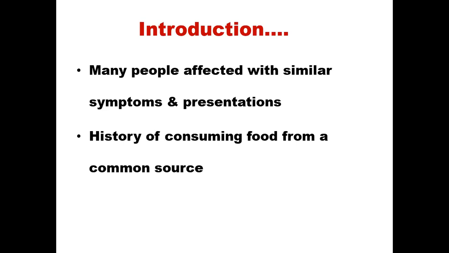Then patient B, C, D, E came in. Similar complaint, similar history of having attended a convocation party the day before. So when you have a lot of people with similar symptoms and you take a food history, you find that there is a common denominator, either because of the dish or the event that they attended, then you should be thinking of food poisoning.